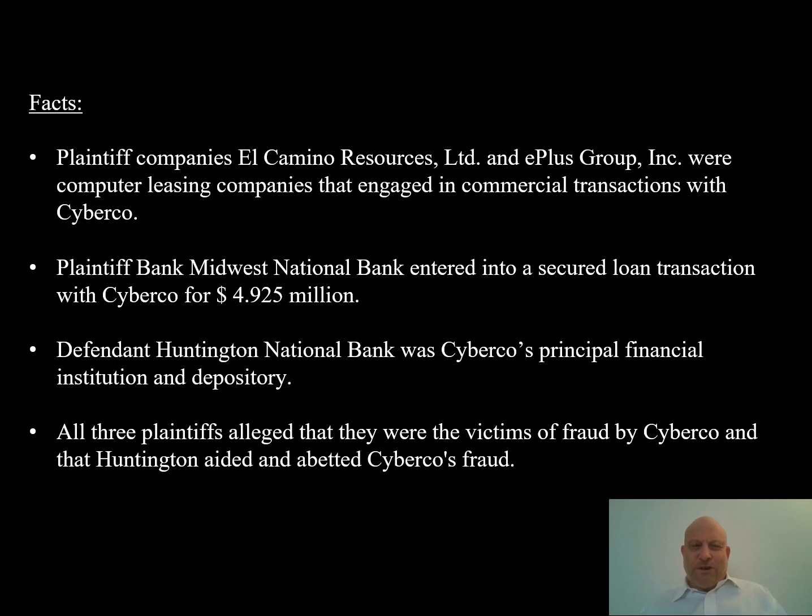So this is a battle between two banks. Just to give you my summary, you have Midwest Bank that was a secured lender to the tune of about $5 million, and then there's Huntington National Bank, which was out, I think, like $15 million, another lender.